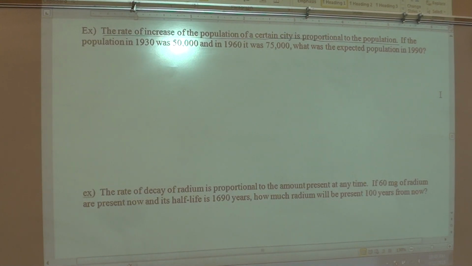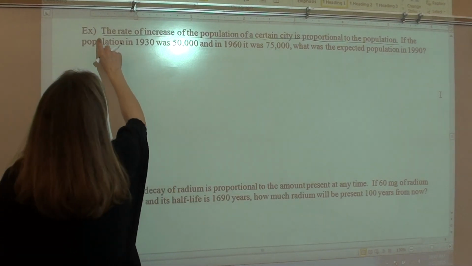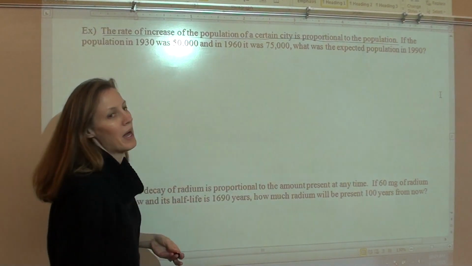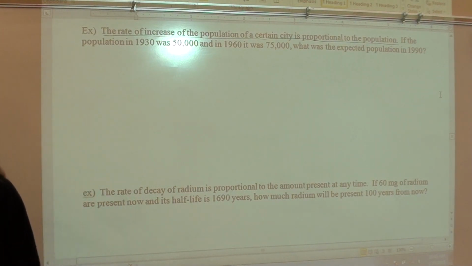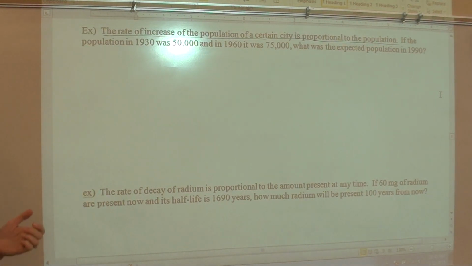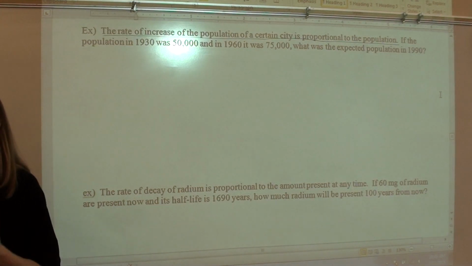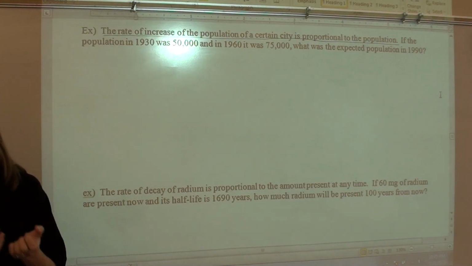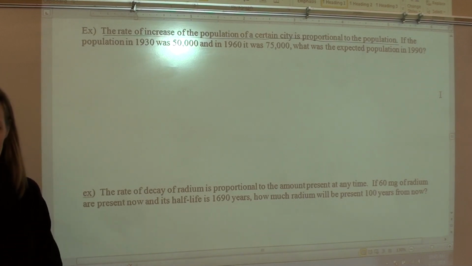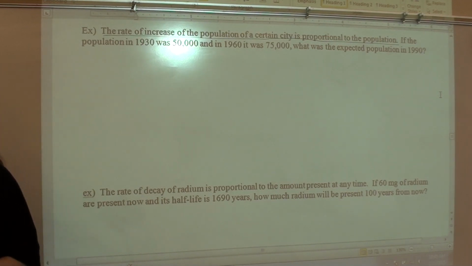Okay, so the rate of increase of the population. If I call the population P, and ignore the word increase, whether it says increase or decrease, think just change. The rate of change of the population, or in other words, the rate of change of P. How would I write that in mathematical notation?